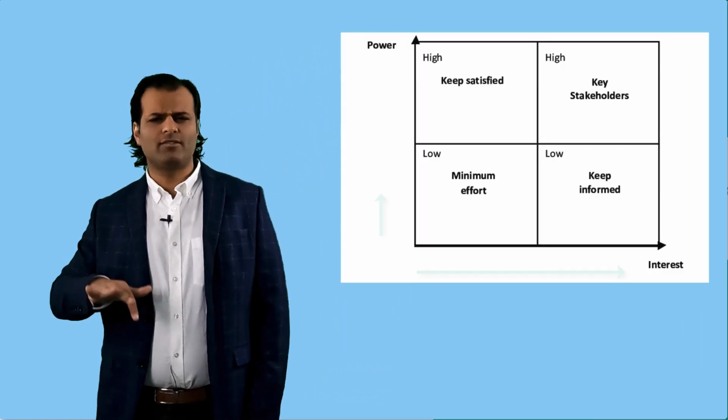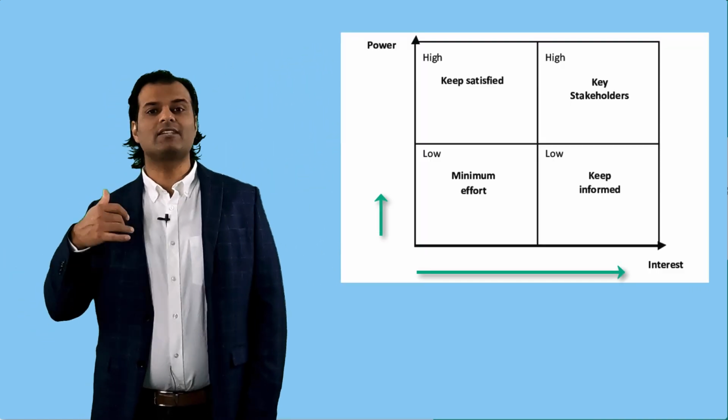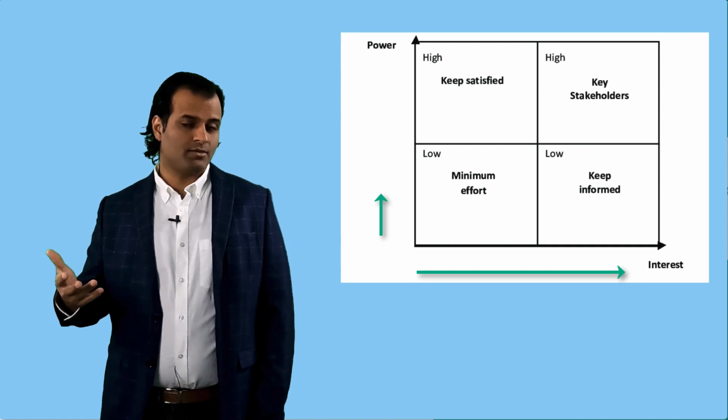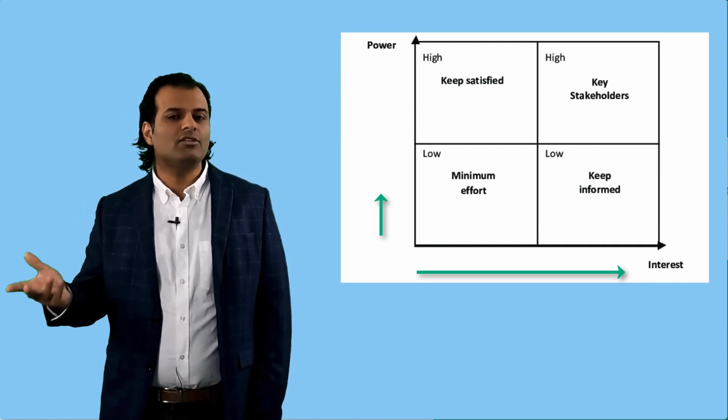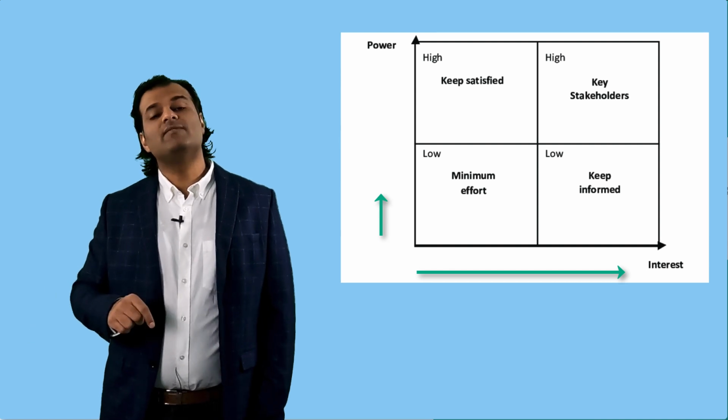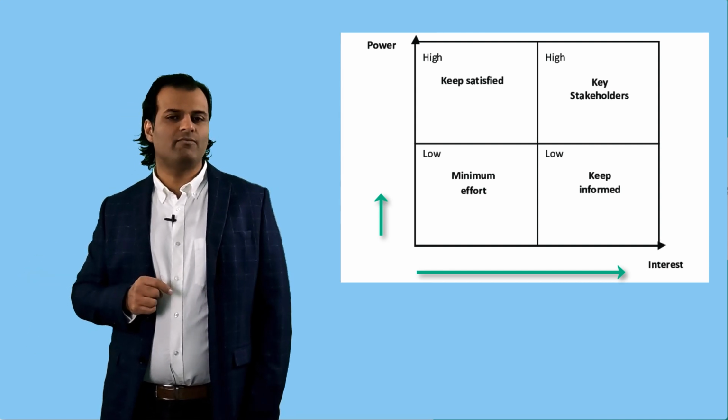What about the counterman who is taking the orders, swiping the credit cards, taking the cash? That person's power is low compared to you or to the baker. But the interest level of that person is high because that's his or her job. Right? So for someone like that, you keep that person informed.